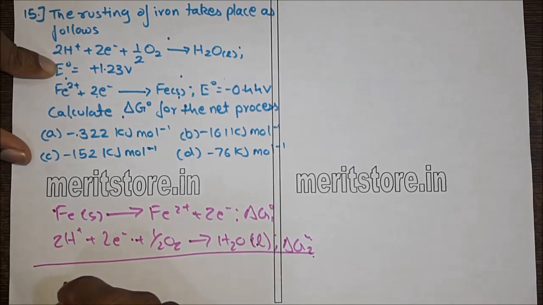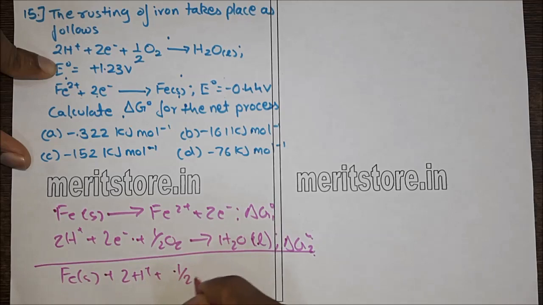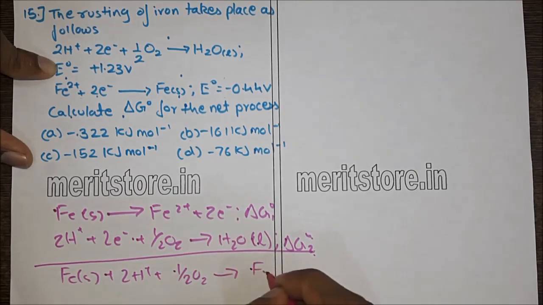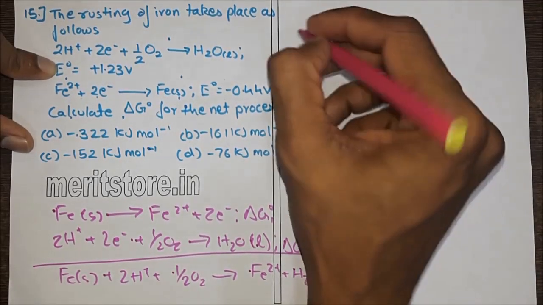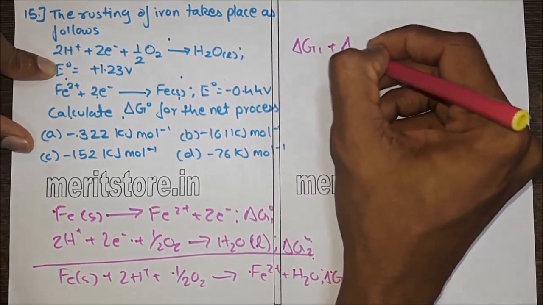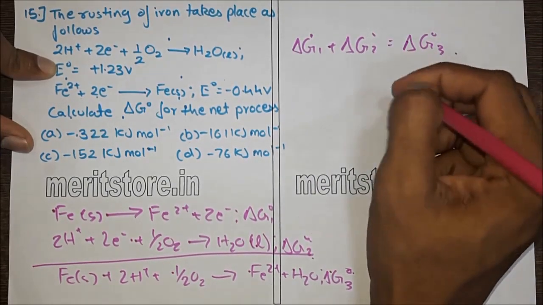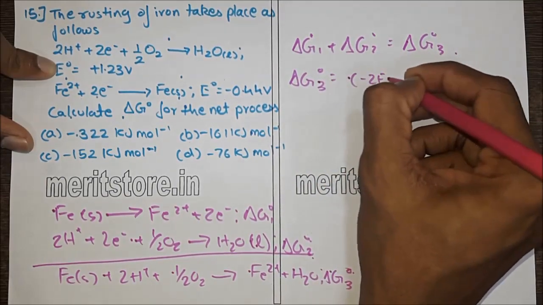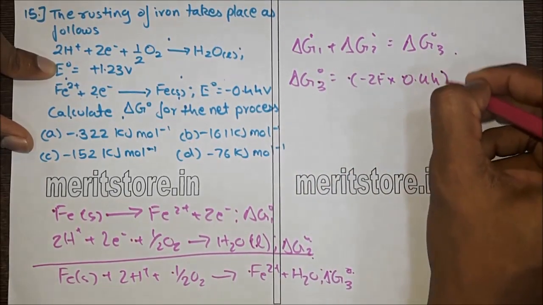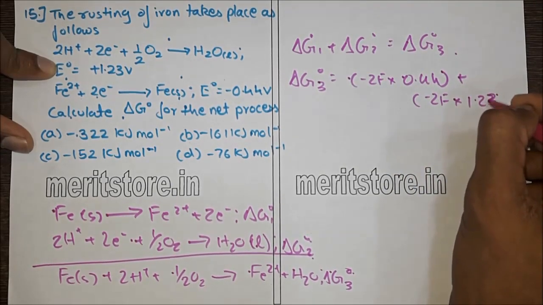The net reaction can be written as Fe plus 2H+ plus half O2 gives Fe2+ plus H2O, let this be G3. Therefore applying delta G1 plus delta G2 equal to delta G3. Solving this, we get, substituting, minus 2F into 0.44 plus minus 2F into 1.23.